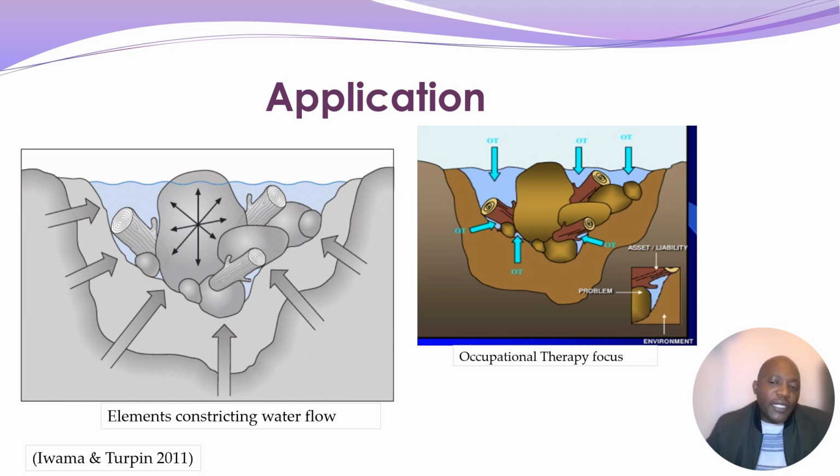So what do we do in terms of the focus for occupational therapy? The image on the right side is showing us the points where occupational therapy intervention can start facilitating in order to improve the flow, creating or widening those spaces. By widening those spaces, we allow the flow to increase.